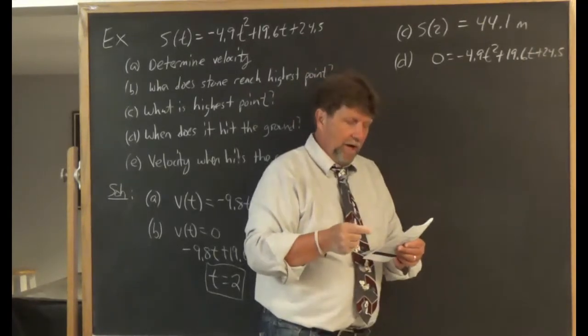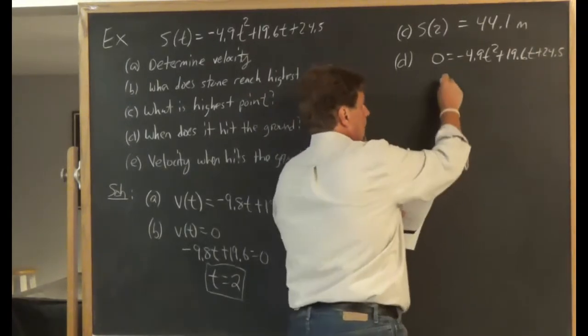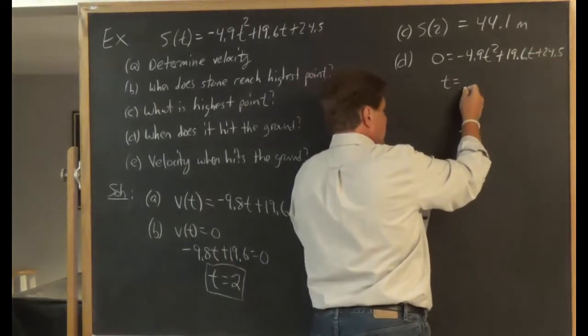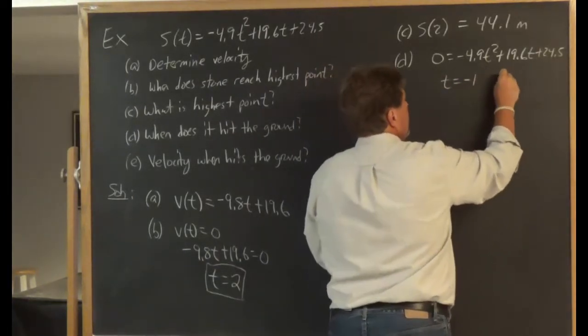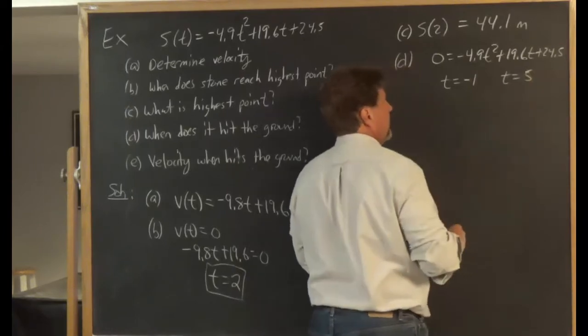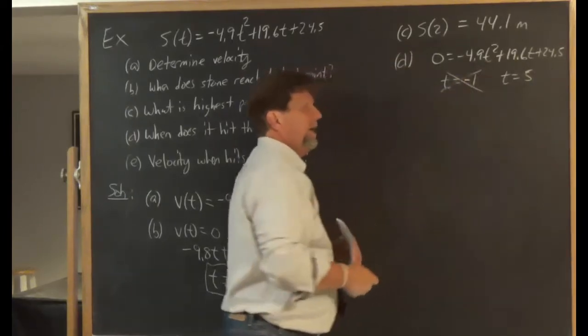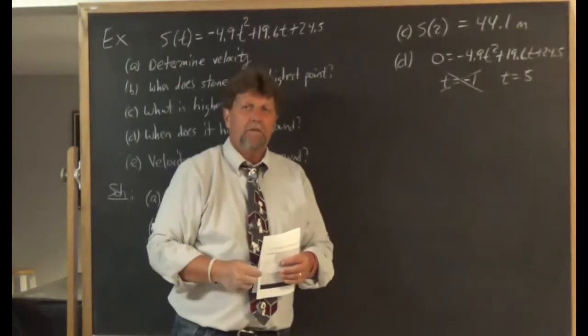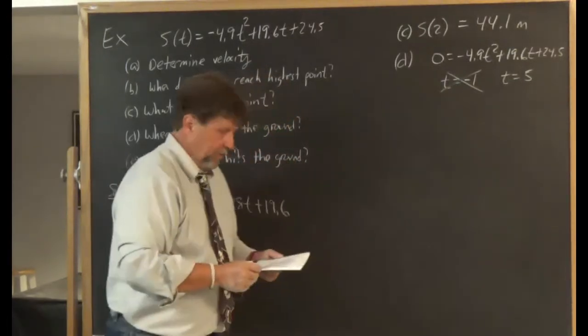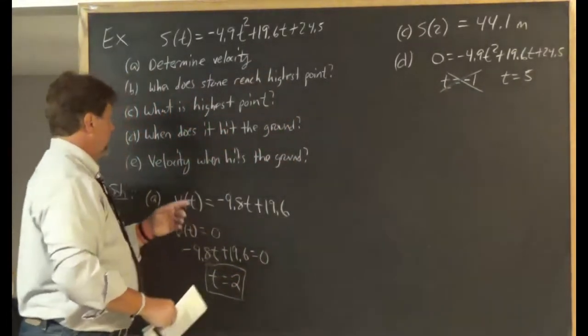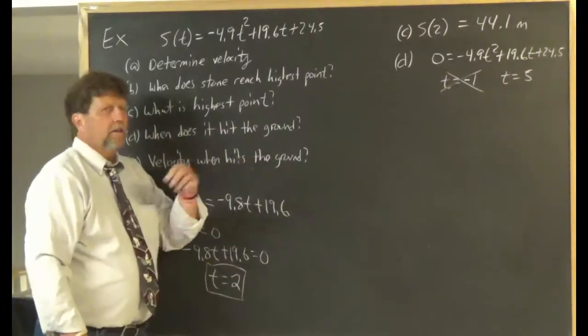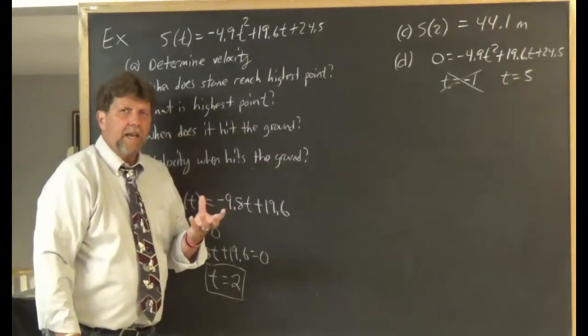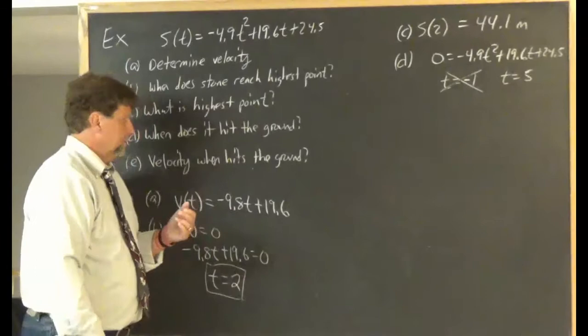When I used the quadratic formula, I ended up finding 2 solutions to this equation, -1 and 5. Of course, the -1 doesn't make sense because we do not time travel. So t is equal to 5. So part D, when does it hit the ground? It hits the ground 5 seconds after it was tossed into the air.